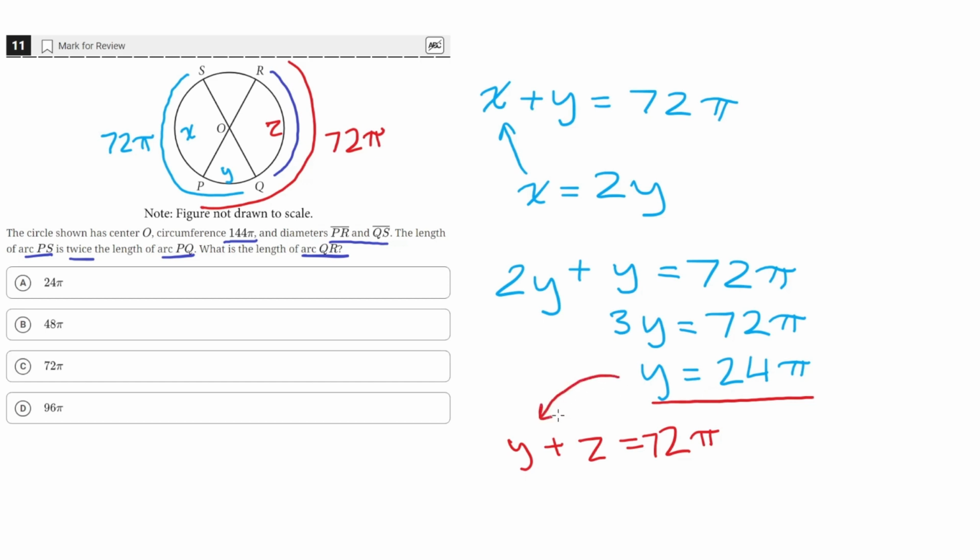So if we plug that in, we get that 24 pi plus Z is equal to 72 pi. And so if we subtract 24 pi to the other side, we get that Z is equal to 48 pi. And Z in this case is the length of our QR. So the answer is 48 pi.